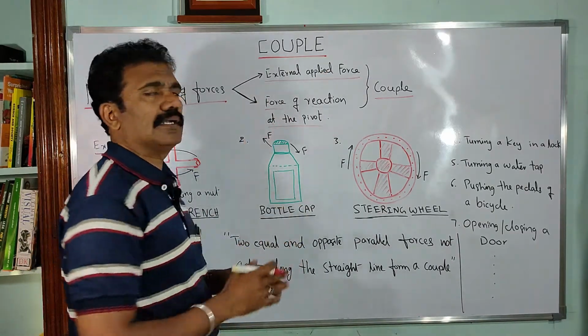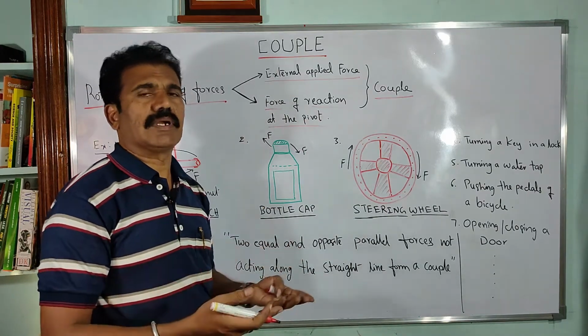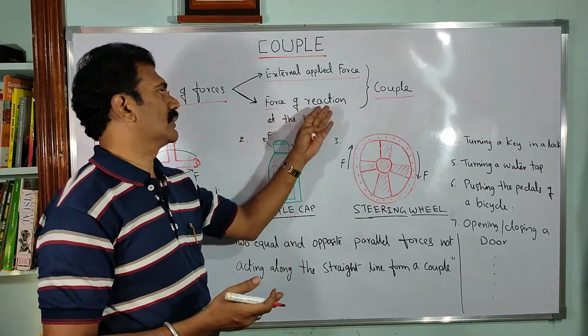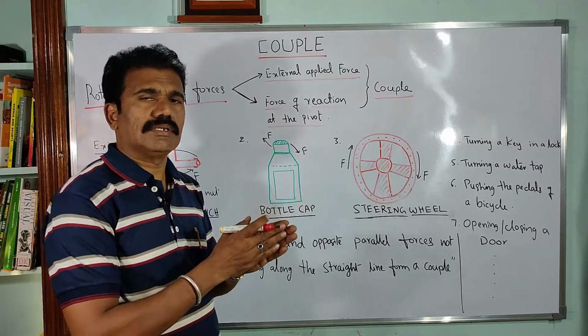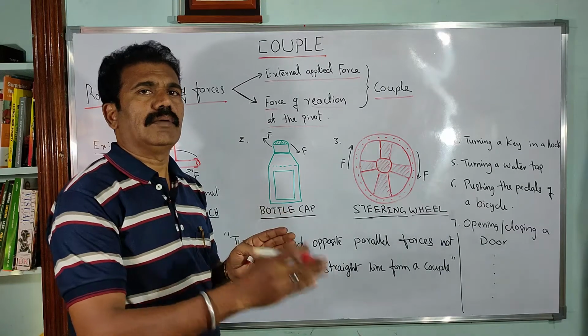Similarly, how do you calculate the moment of force for the reaction at the pivot? The same condition: calculate the product of the force of reaction at the pivot and the distance between the point of application of the force and the pivot.